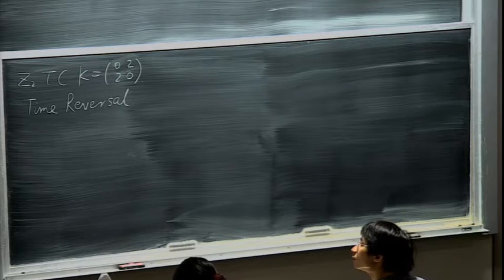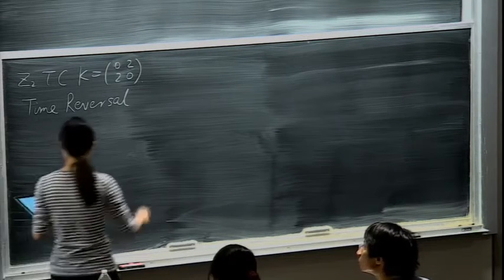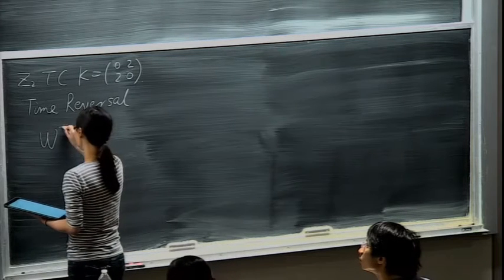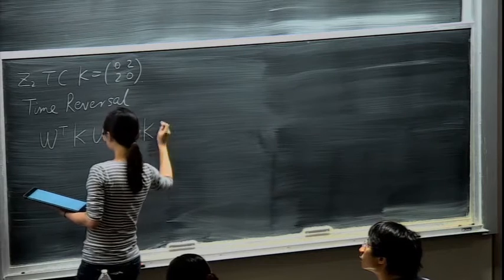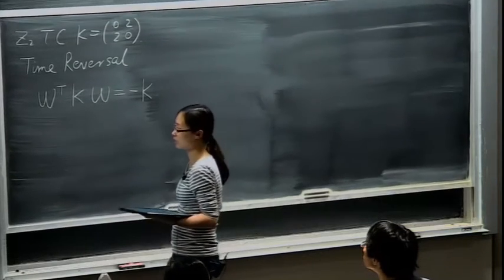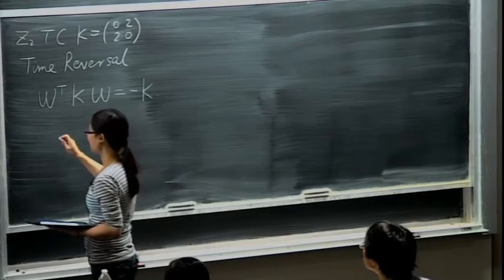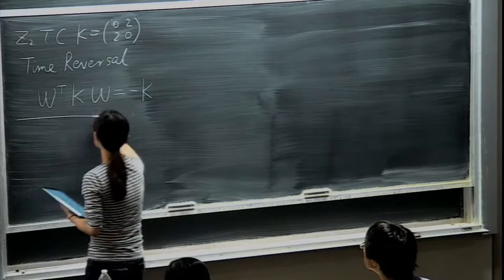If it's trivial, we cannot get a minus sign in front. So we want some W transpose K W equal to minus K. And then on top of that, we can still have this delta phi phase factor. Okay, so let's see what can happen.